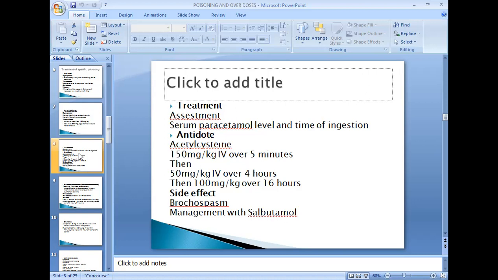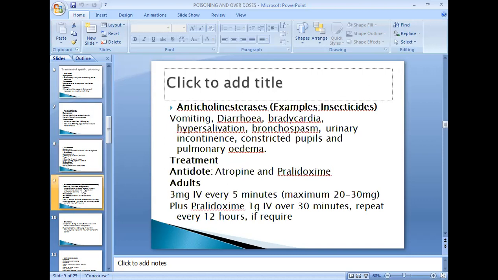The patient should be monitored for bronchospasm, which is a side effect of the drug. If there is bronchospasm, it can be managed by salbutamol, that is a beta adrenergic drug.